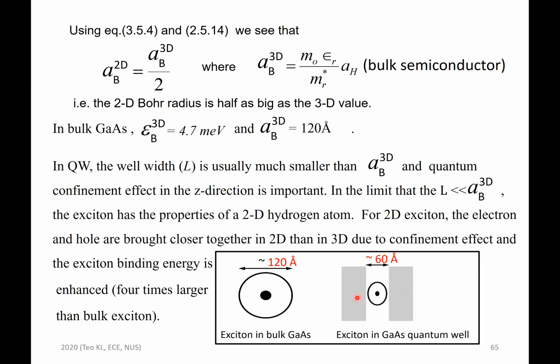Therefore, you're bringing the electron and hole closer together. So the exciton binding energy will have to be enhanced. You're closer together, so the Coulomb attraction energy is higher. So the exciton binding energy in the two-dimensional case will be 4 times that in the three-dimensional case.